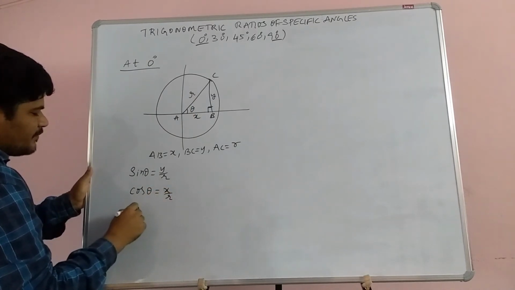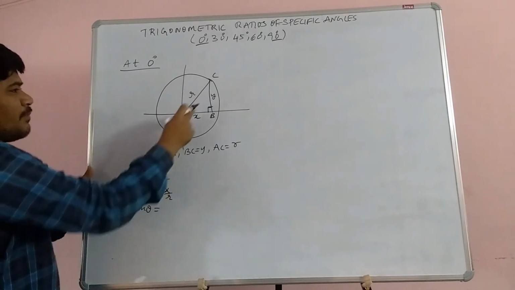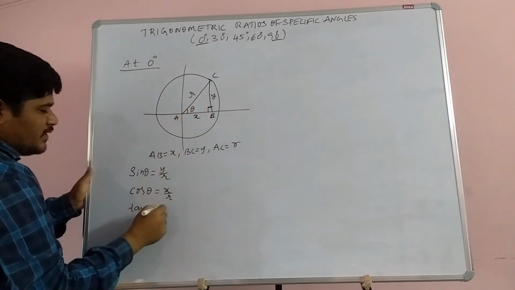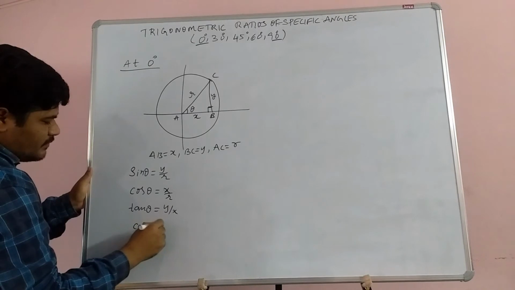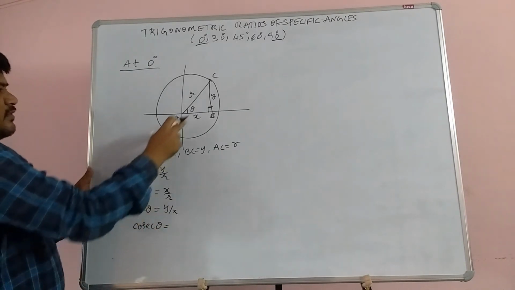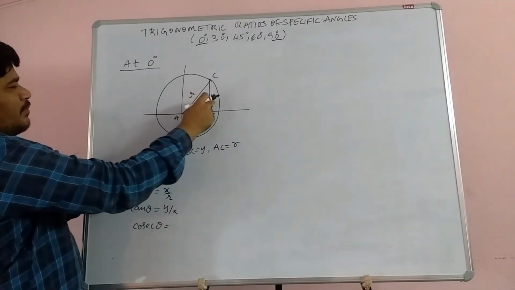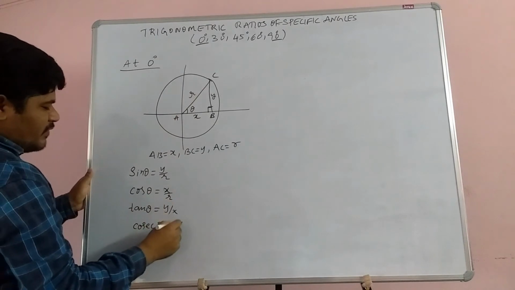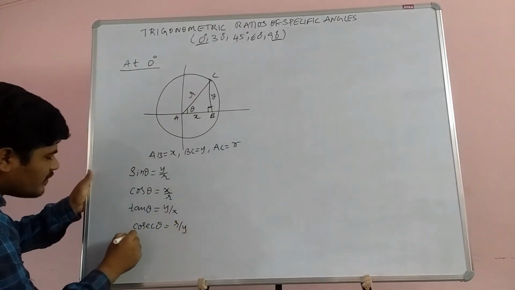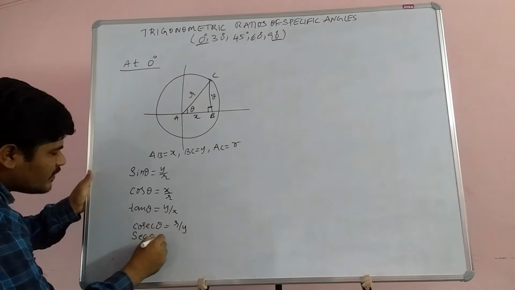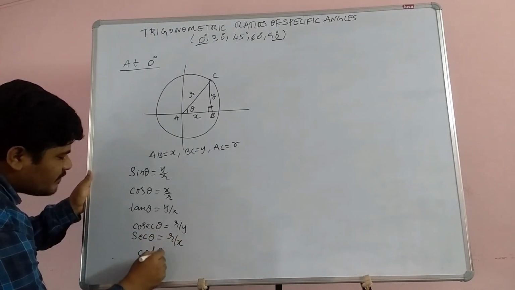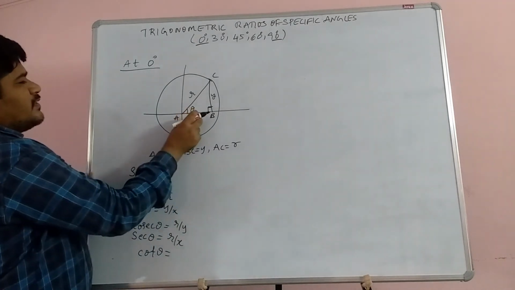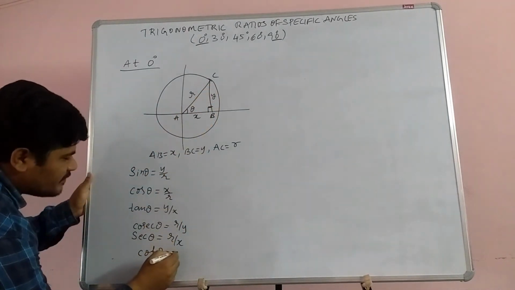Tan theta, opposite side by adjacent side, and cosecant theta, it's the reciprocal of sine. So hypotenuse by opposite side, r by y, and secant theta is r by x, and cot theta is what? Adjacent side by opposite side, x by y.